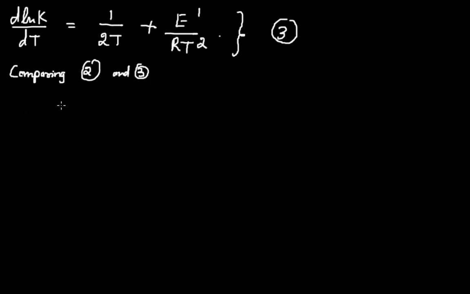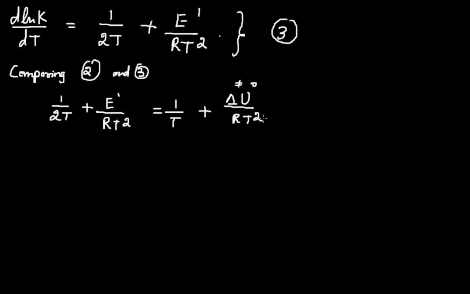what will you get? 1 by 2T plus E dash by RT square is equal to 1 by T plus delta U naught by RT square. And what is your E dash?